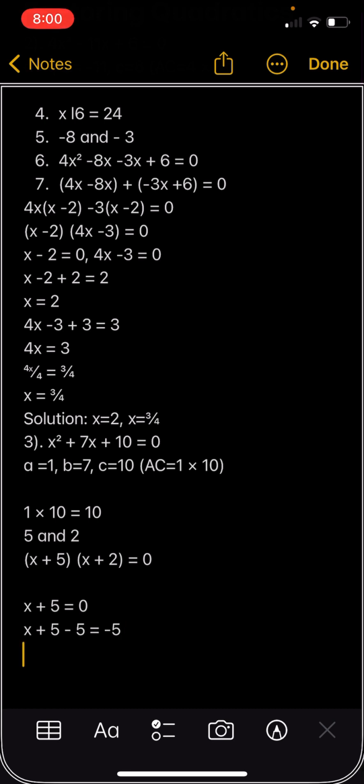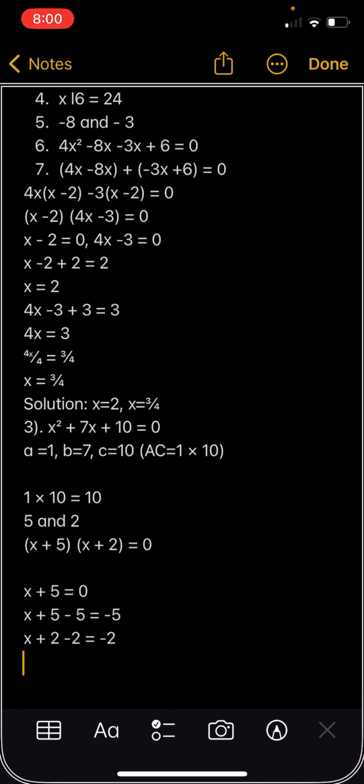In the second instance, we have x plus 2. So we have to subtract a 2. And that will give us x is equal to -2. When we simplify, x equals -2.